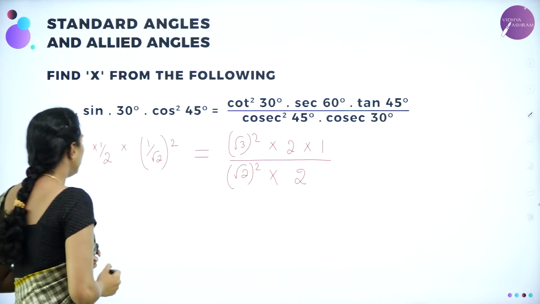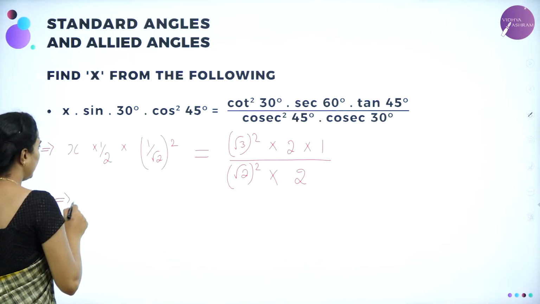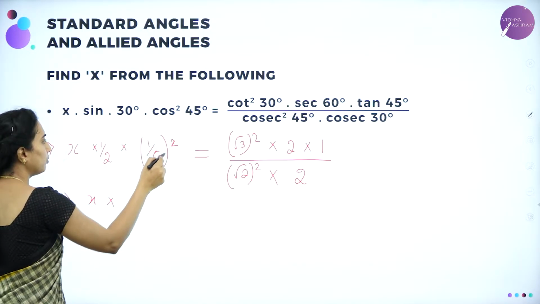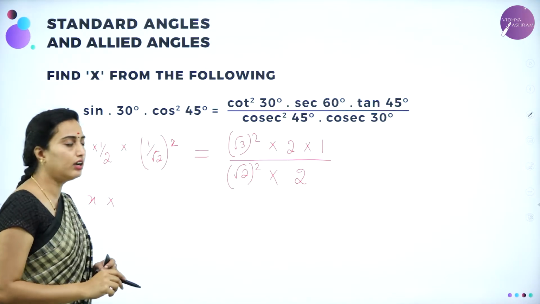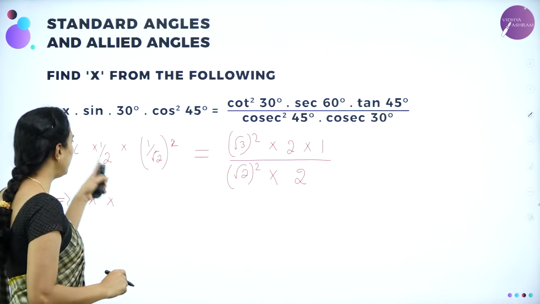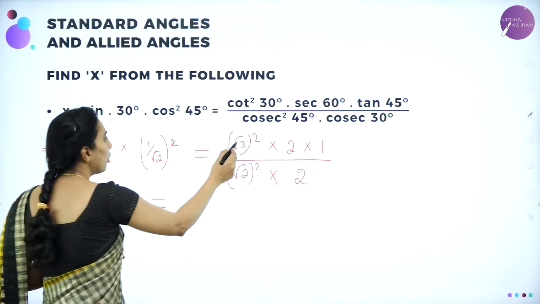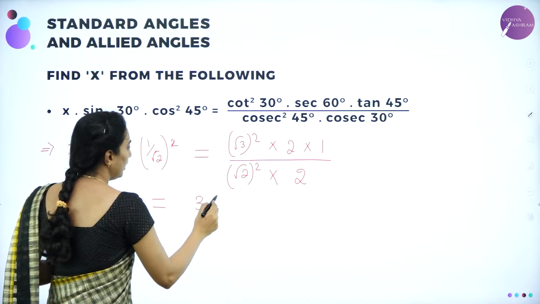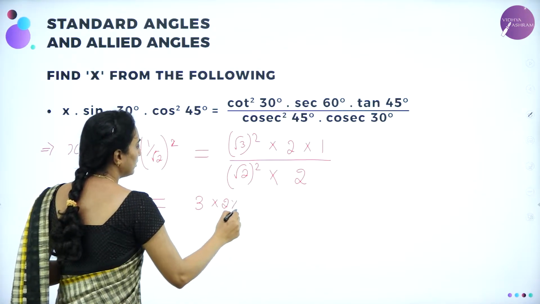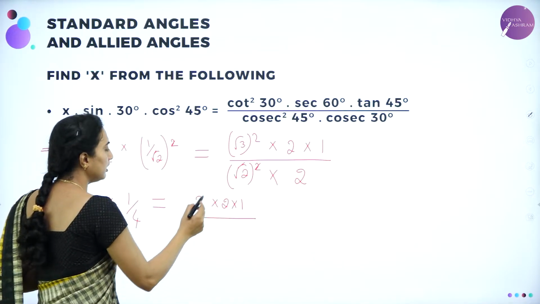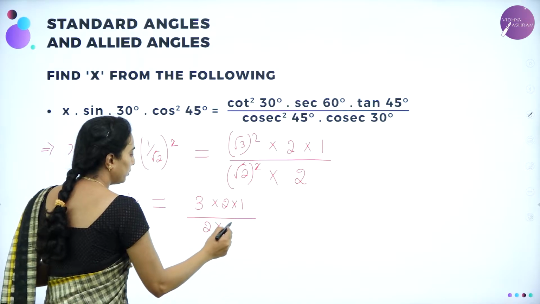So therefore, you can simplify this. x into, see dears, 1 by root 2 whole squared is 1 by 2, and root 2 whole squared is 2, which will get cancelled. And here 1 squared is 1. 1 by 2 into 1 by 2 is 1 by 4, which is equal to root 3 whole squared, which is 3, into 2 into 1, divided by root 2 whole squared, so you are going to have 2 into 2.